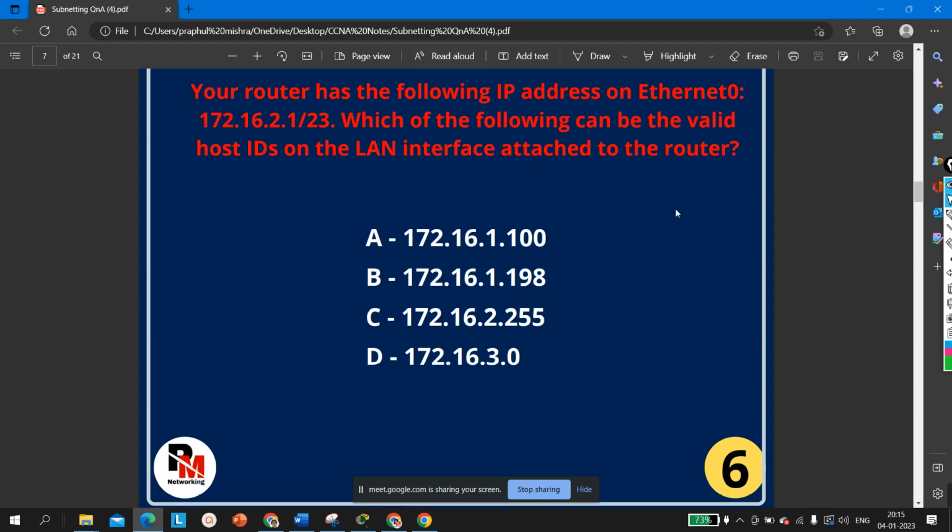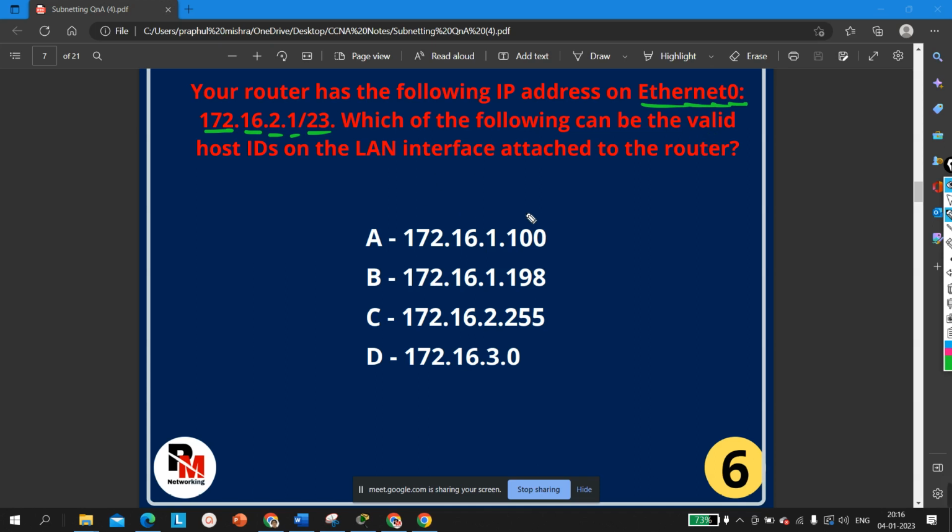See guys, your router has the following IP address on Ethernet 0. So Ethernet 0 is an interface. This one is a port interface where we usually assign an IP address. So on this port, the IP is 172.16.2.1/23. Which of the following can be a valid host ID on the LAN interface attached to the router?